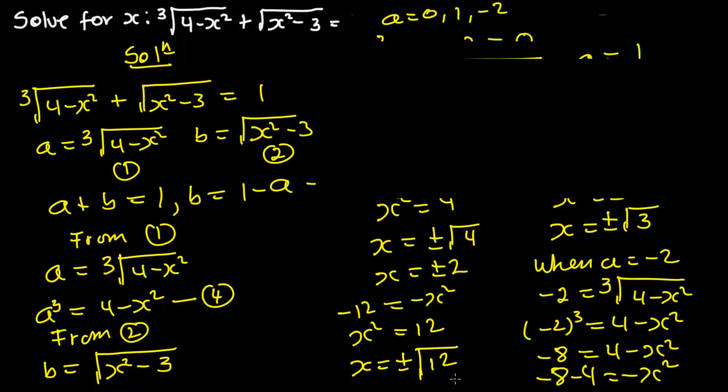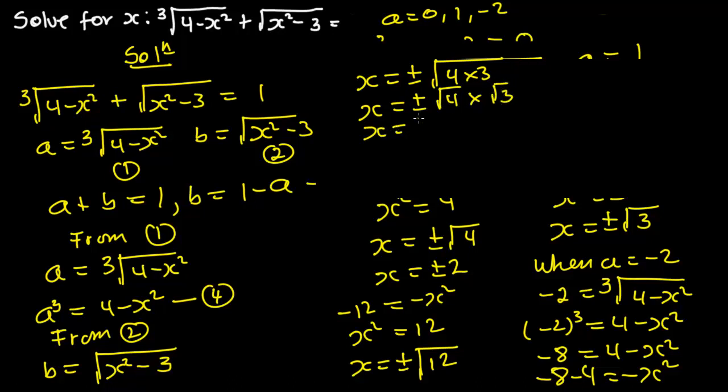We know 4 times 3 gives us 12. So we can rewrite 12 as 4 times 3. So you're going to have x to be equal to plus or minus the square root of 4 times 3. And from here, we can have x to be equal to plus or minus the square root of 4 times square root of 3. So x will be equal to plus or minus square root of 4 is 2, and then 2 times root 3 is 2 root 3.